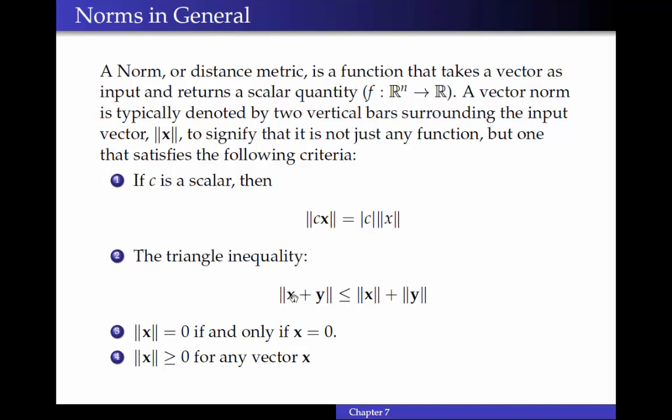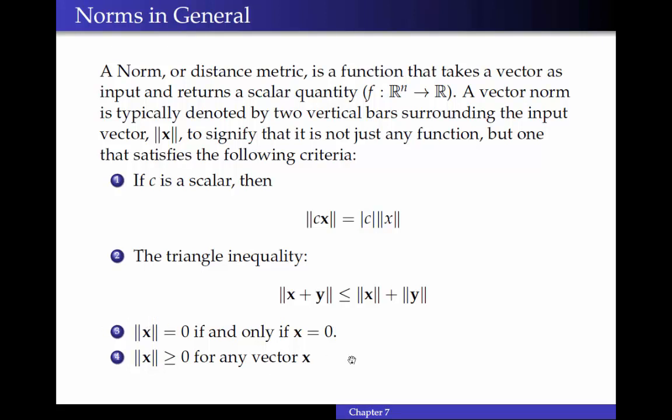So if I take the total magnitude of x plus y, that's got to be less than or equal to the sum of the individual magnitudes of x and y. One way you can think about this is that the hypotenuse of a triangle can't be bigger than the sum of the two legs of the triangle. That's why it's called the triangle inequality.